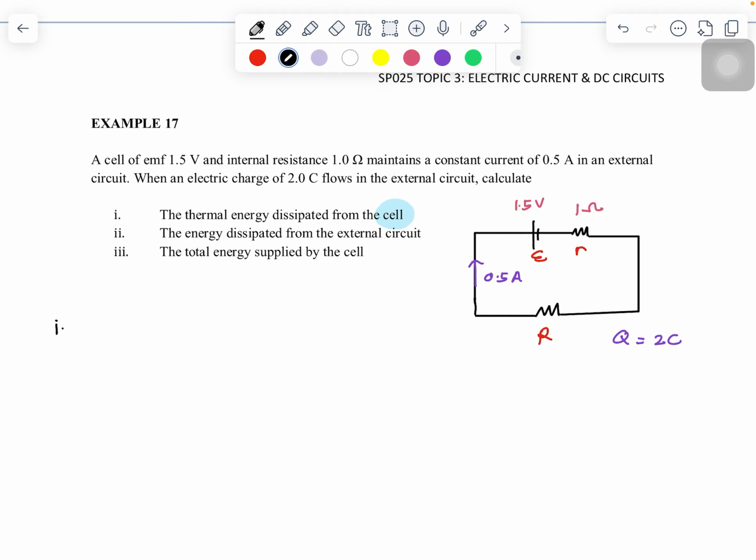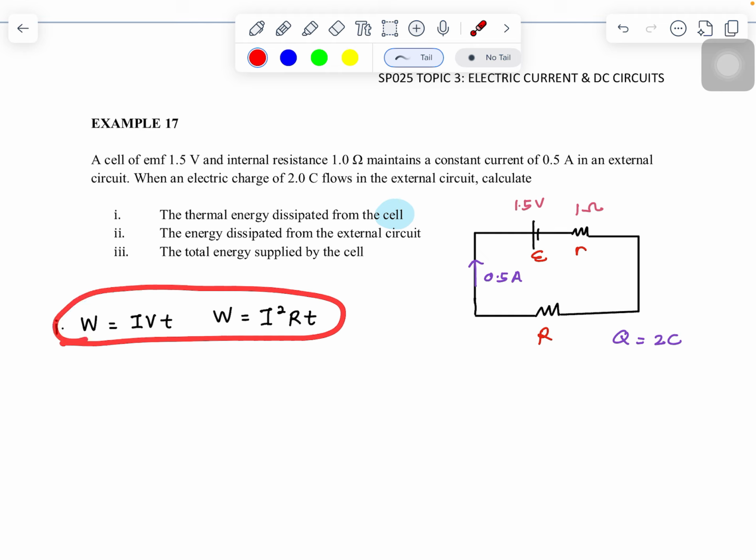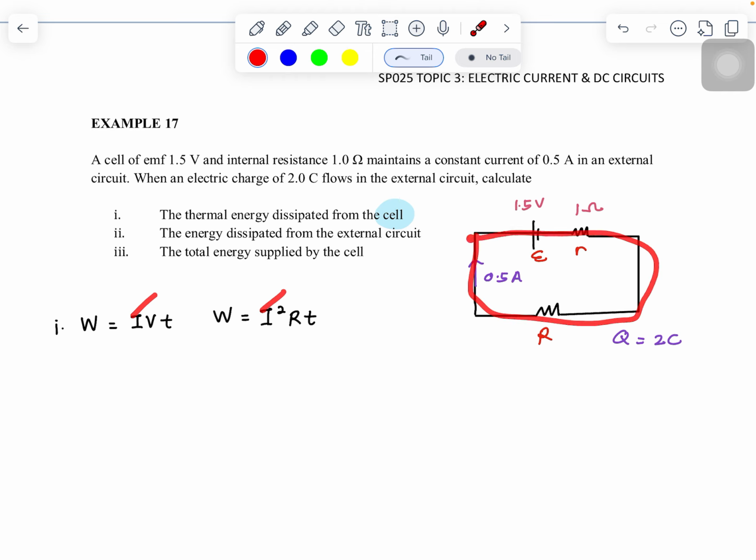Okay, so energy kita ada dua formula. W equal to IVT, dan satu lagi W equal to I square RT. Okay, so since kita fokus pada cell saja, value yang kita guna tu kena specific from the cell only. Kalau current tetap akan sama sebab dia adalah series circuit.